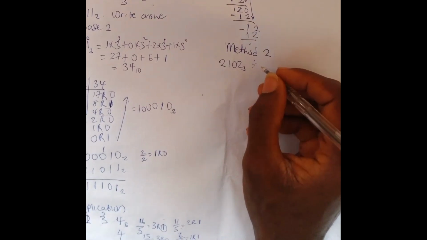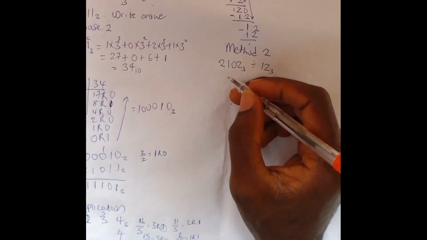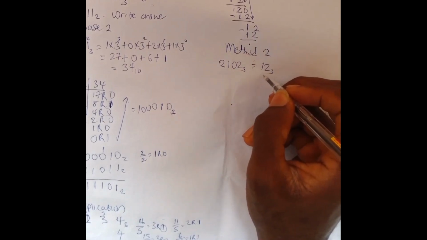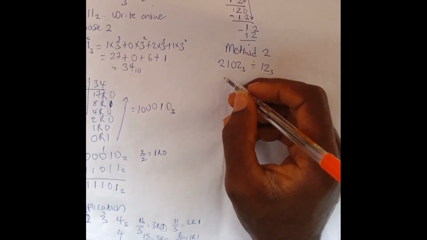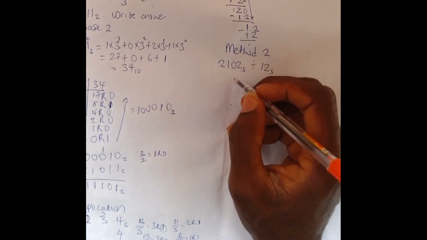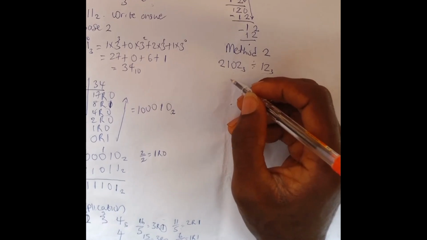So what we'll do is first convert this to base 10, convert this to base 10, then divide the numbers that you get. You divide them to get your answer in base 10. And after doing that, you now convert your answer back to base 3.